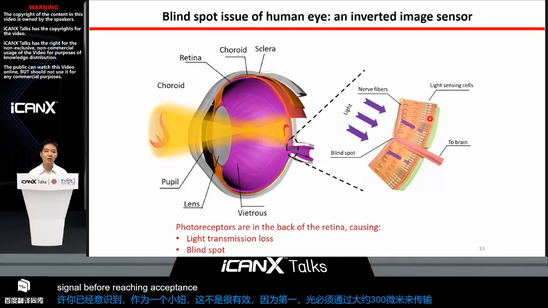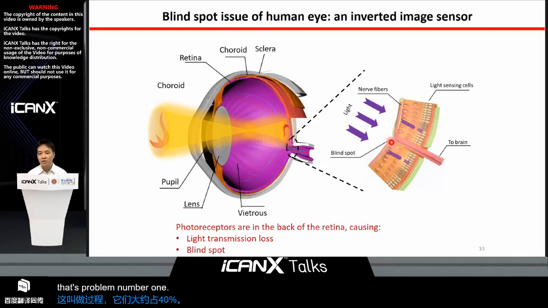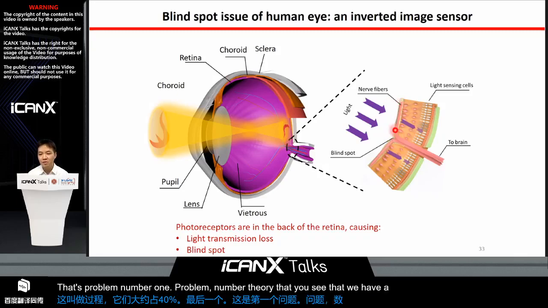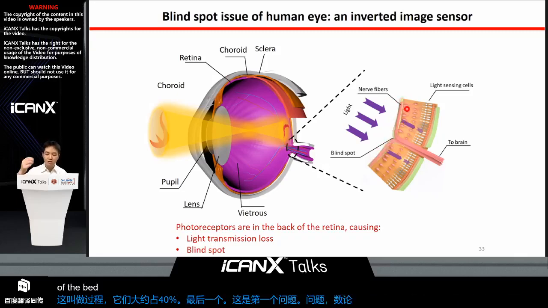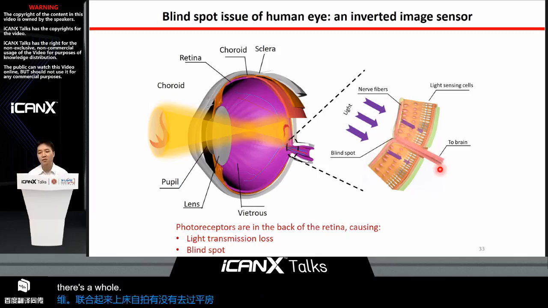In this whole transmission process, there will be around 40% intensity loss. That's problem number one. Problem number two is that, as you see, we have all those nerve fibers on the front side of the retina. In order to go to the back side of the retina, they have to go through a bundle of the optical nerve fiber. They have to go through a hole. There's a hole on our human retina.